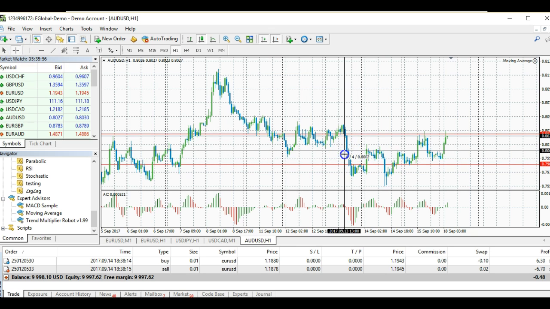That's 30. Then it comes out again with about 20, 30. Yeah, it's about 30 pips. So it's almost 90 pips. Means this particular portion here, it drops about 90 pips.